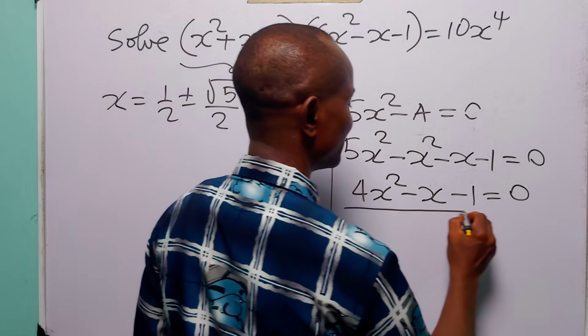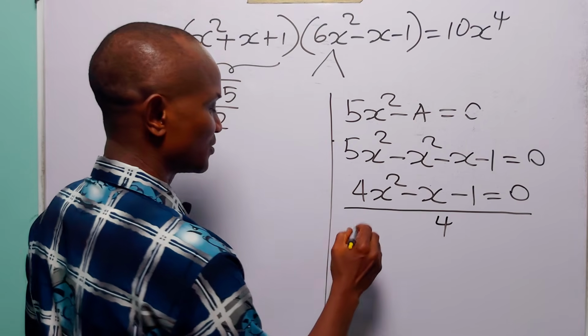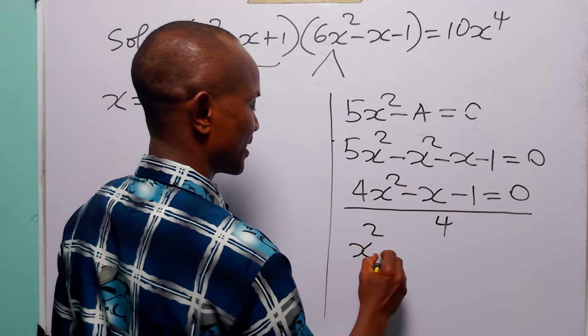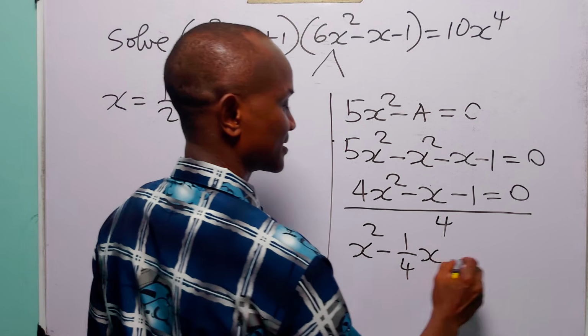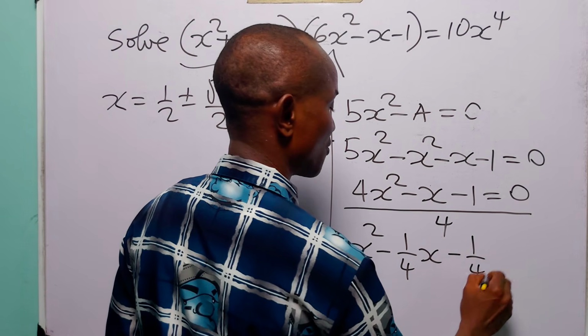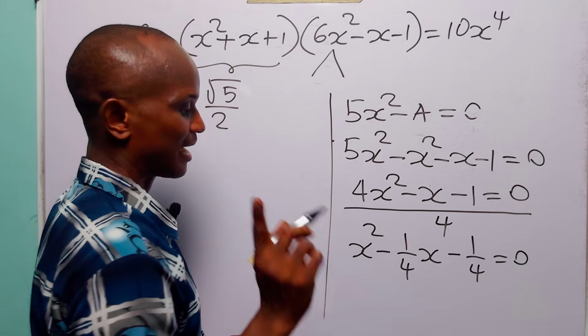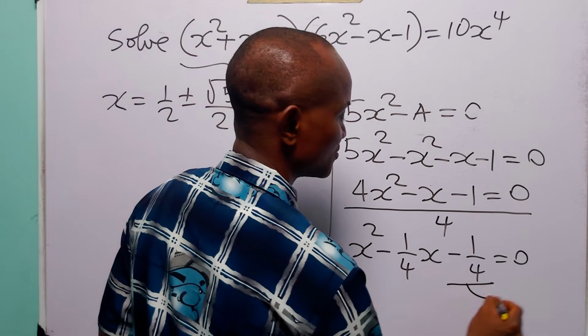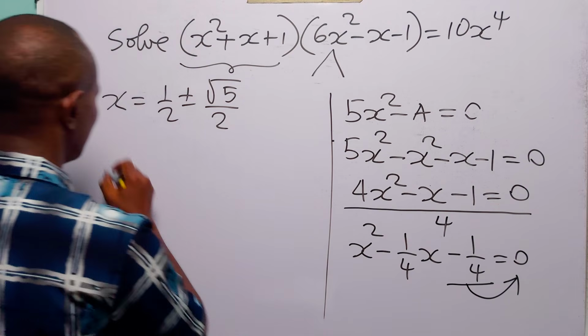So we are going to divide through this equation by 4. When we do that, we have x squared minus 1 over 4x minus 1 over 4 is equal to 0. Now, the next thing we are going to do is to send the constant term over to the right-hand side.